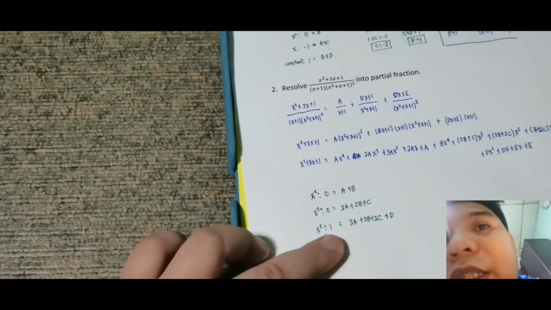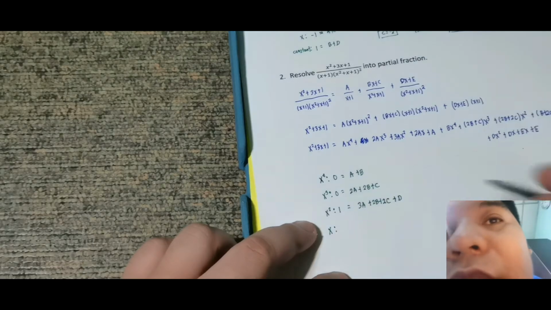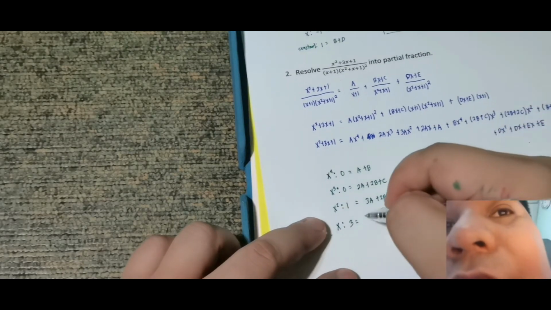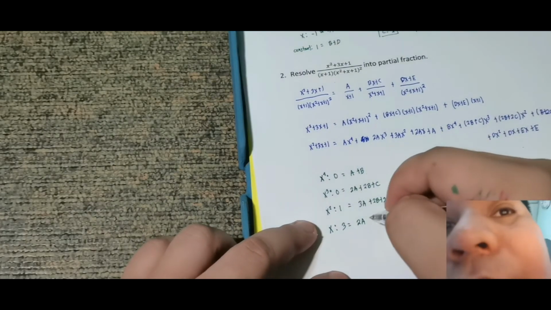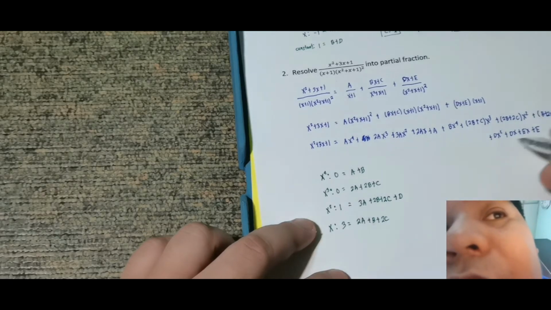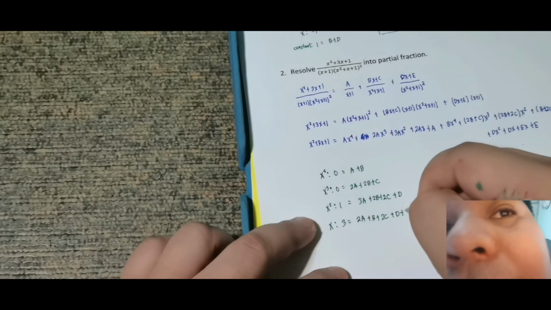Okay, then lastly, may x pa. So x naman is, coefficient ng x is 3. So sa left side is 2ax. So this is 2a. Dito is b plus 2c. So plus b plus 2c. Then dito is d plus e. So this is plus d plus e.